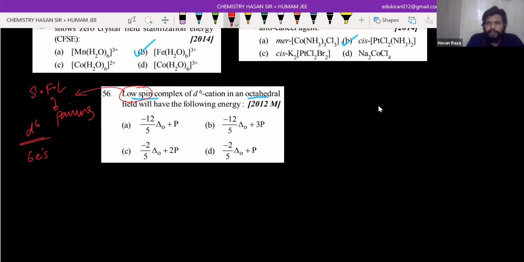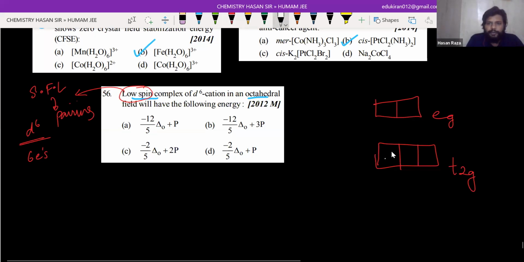Now see, the d orbitals are divided into two parts, and since it is octahedral, you divide it like this: t2g and eg. Now you start filling from here, lower energy 1, 2, 3. The fourth electron will not go into this, but this is 4, 5, 6, because of low spin, a strong field ligand.